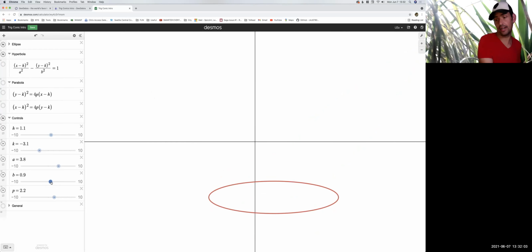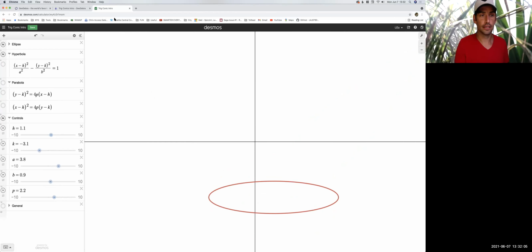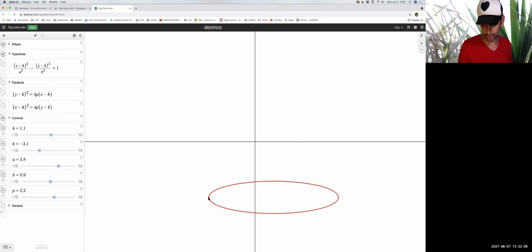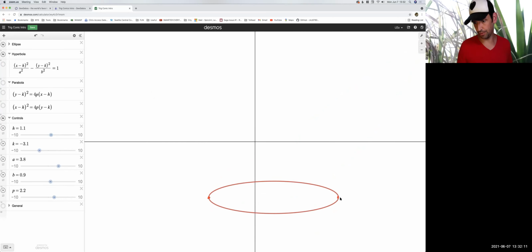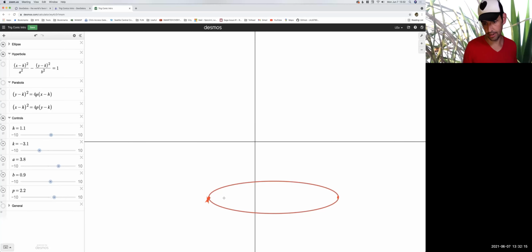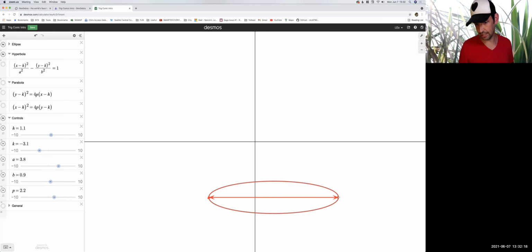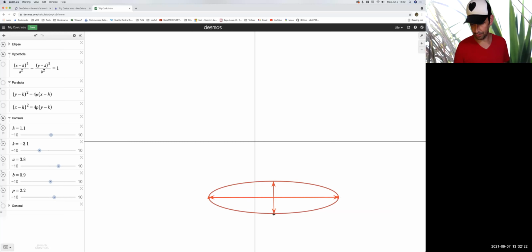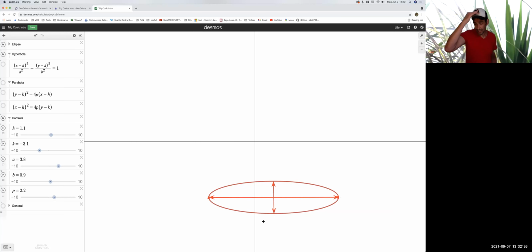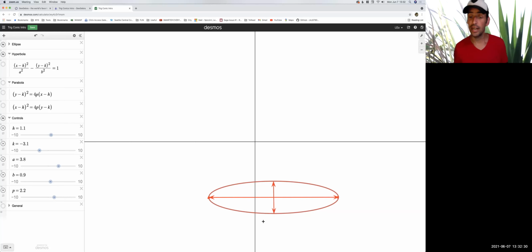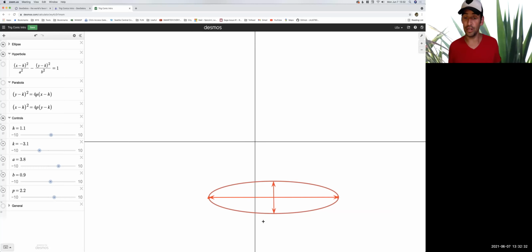What I mean by that is if I connected, let's draw a line in here. If I look at the point furthest over here and the point furthest over here, and I connect that with a straight line, and if I do the same thing from top to bottom, if I could find the exact lowest and highest point, those lines would be parallel to the x and y axes respectively, right? It's aligned with it.